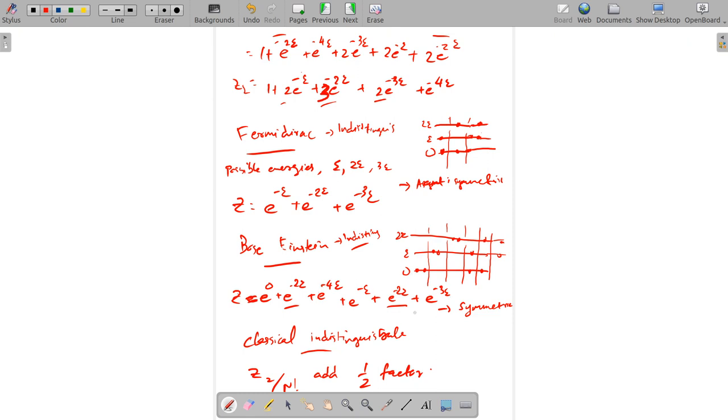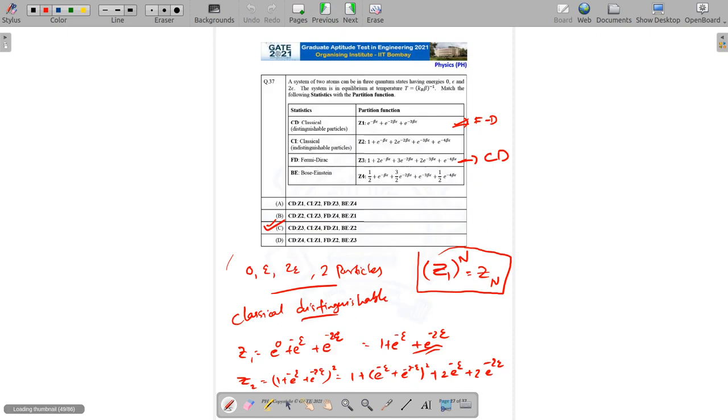Okay, that's not part of this question, but I'm just telling you. Now, what are the possible energies? This will give you 0, 2 epsilon, 4 epsilon, and in addition you have these states: epsilon, 2 epsilon, 3 epsilon. So you have two epsilons that you add up, and if you look back, you will get this, e raised to minus 4 epsilon. Okay, so Z2 is the Bose-Einstein case.